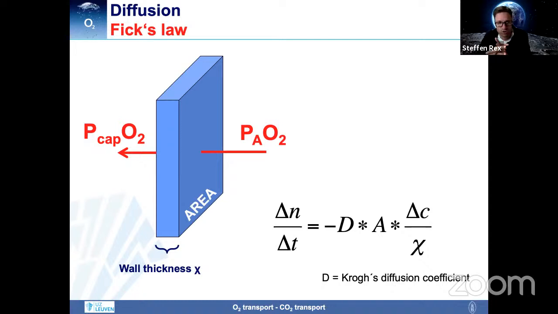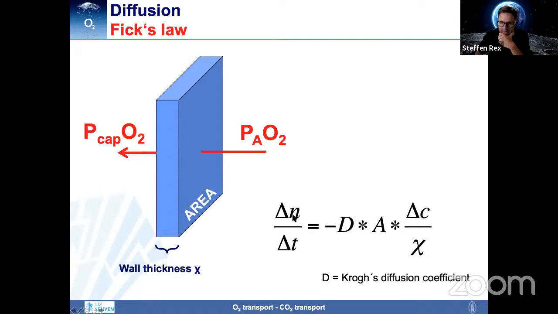This is the law of Fick, the same Fick that developed the formula to calculate cardiac output. But here it's a diffusion law. And you see that the diffusion is described here as a transport of any material.